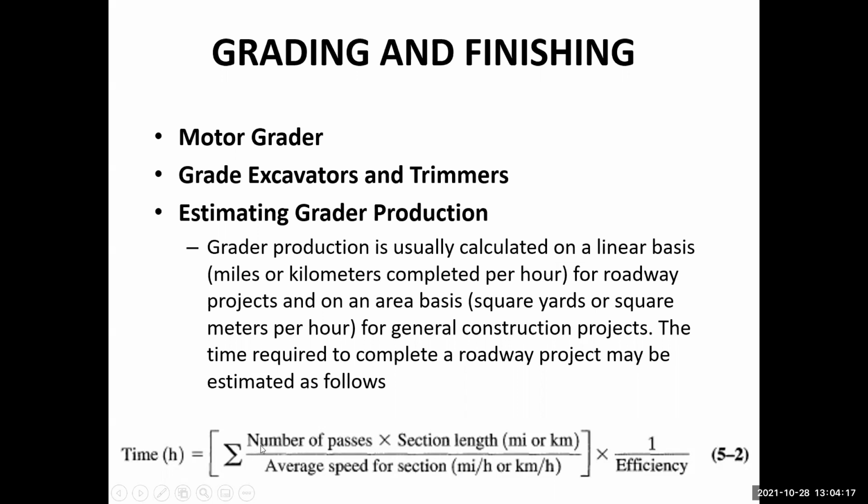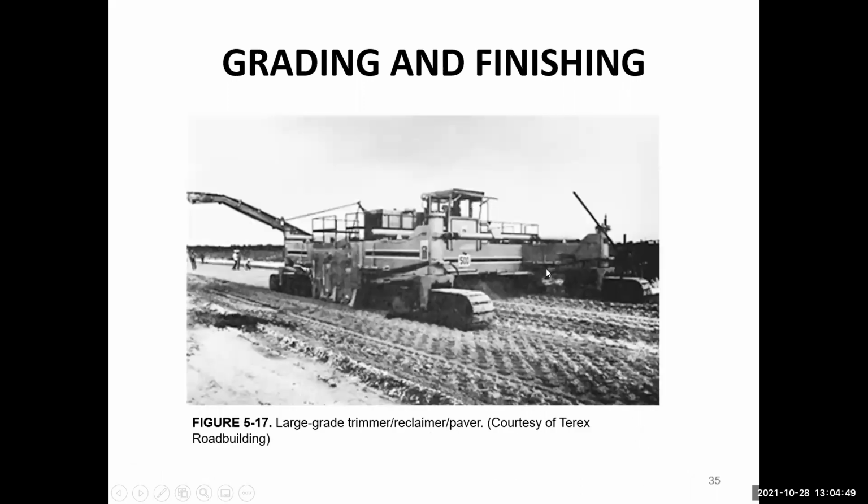It is the sum of the number of passes multiplied by the section length, that means in kilometers, so the number of kilometers the grader has traveled, divided by the average speed for the section. So it's a very simple, straightforward formula, multiplied by 1 over the efficiency.